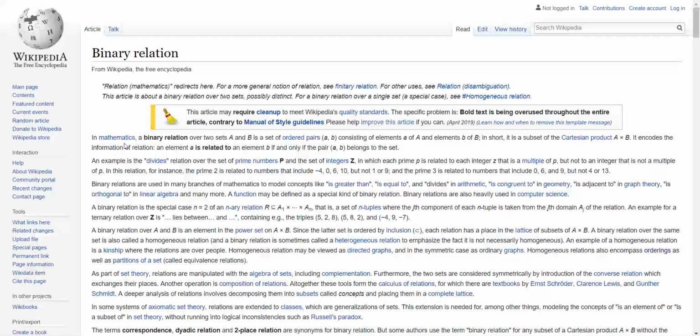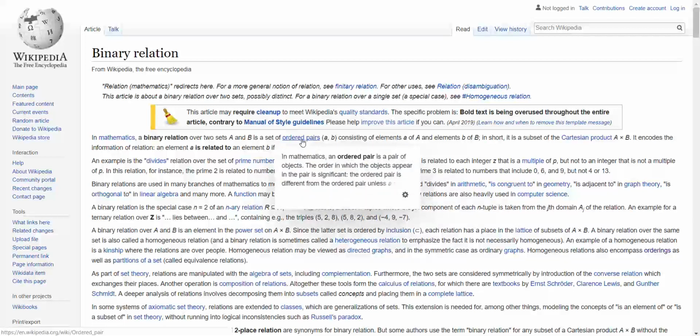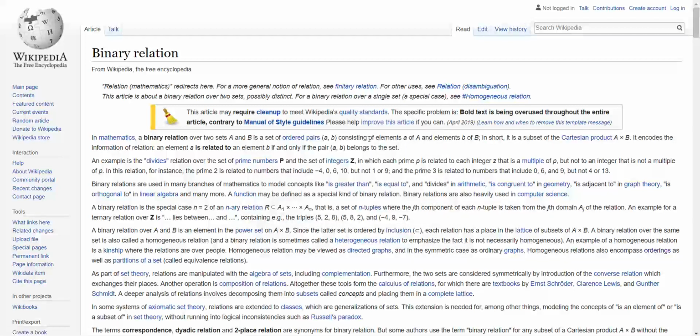A binary relation over two sets A and B is a set of ordered pairs (a, b) consisting of elements of A and B. In short, it's a subset of the Cartesian product A × B. It encodes the information of the relation. An element a is related to an element b if and only if the pair (a, b) belongs to the set. But which set is it?